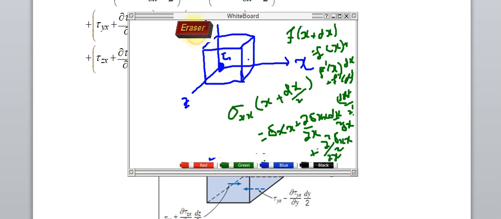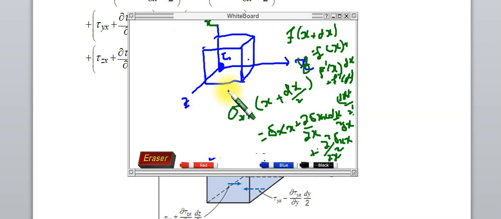Let me just change it, because we will consider the vertical plates. Let this be the x direction, this the y direction, and this the z direction. This is parallel to y, so this will be dy. This is parallel to the x direction, so this is dx.